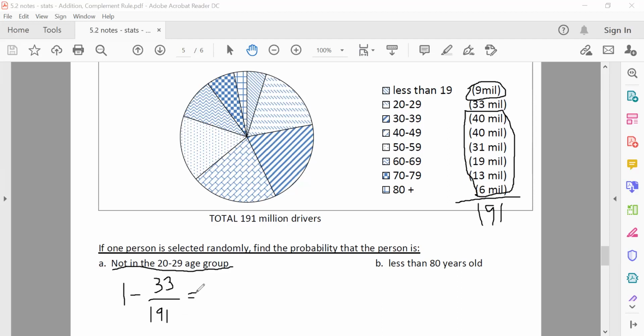And you can use a calculator for that. This ultimately comes out to about 0.827. So it's the probability that a randomly selected driver is not in their 20s.